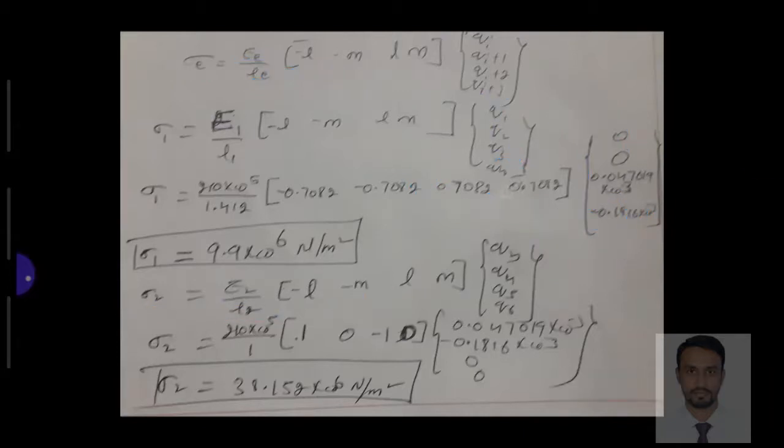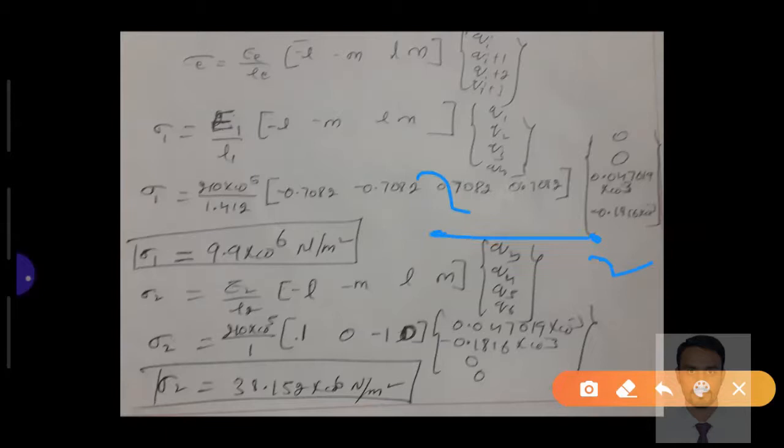The element starts from node number 2 and ends at node number 3, which completely depends upon element number 2. We substitute all those values. It does not remain the same; it is completely different for element number 2.